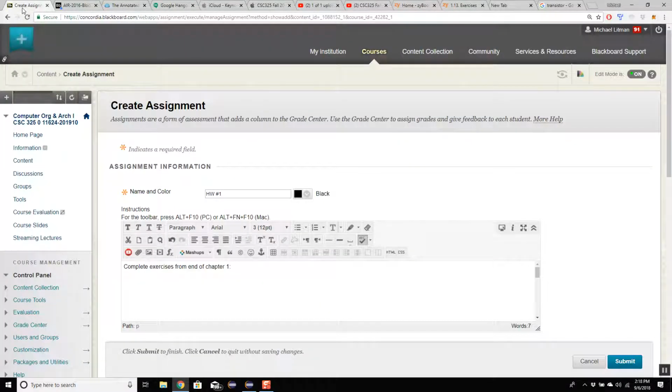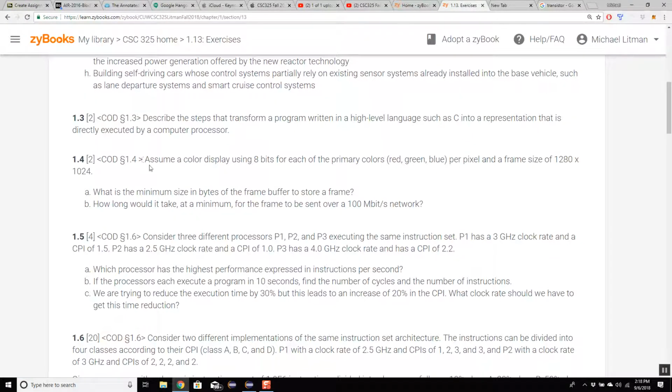That looks like a good one. We are going to do 1.4.